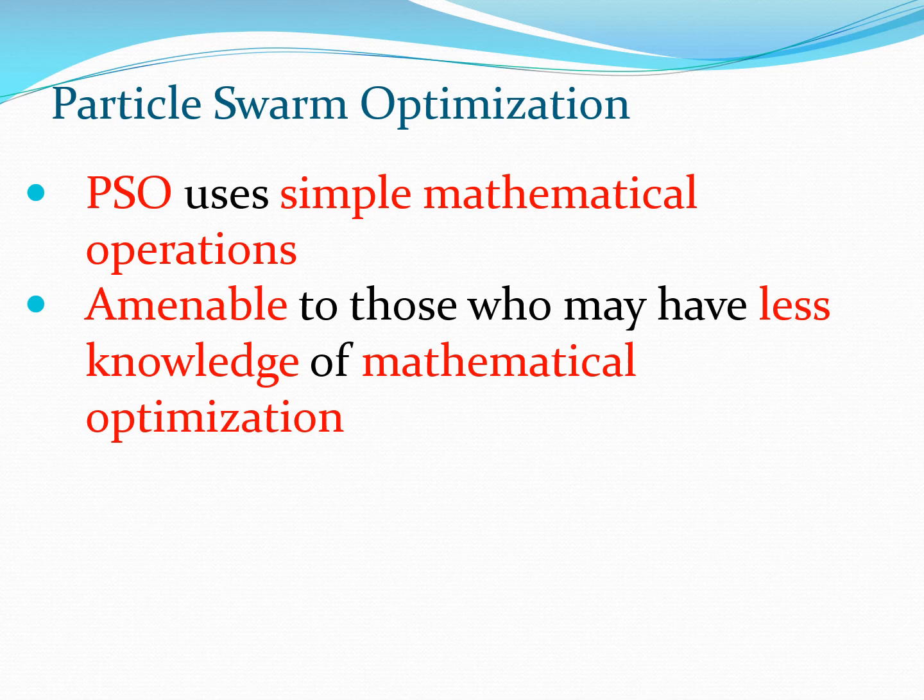So all you do in this method is add and multiply. So it's very easy to code this method even if you do not have much knowledge of mathematical optimization. In fact, you do not need a lot of knowledge of mathematical optimization or even of mathematics to do PSO. And that is why PSO is a very widely used method, and many similar methods have come out which are based on swarms.